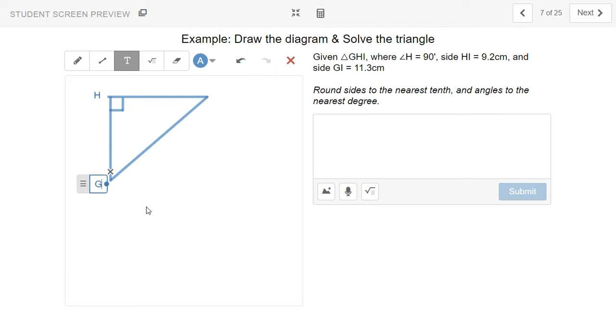Let's label a G and an I as well for the angles. Now, GI, which is the hypotenuse, is 11.3 centimeters. HI is 9.2. We need to find angle G, angle I, and side HG.